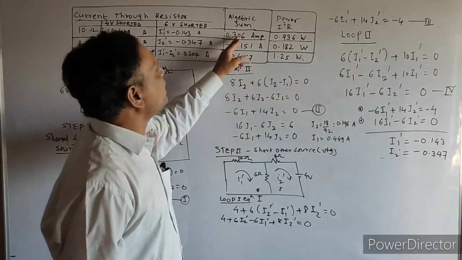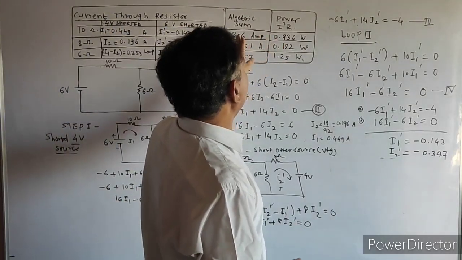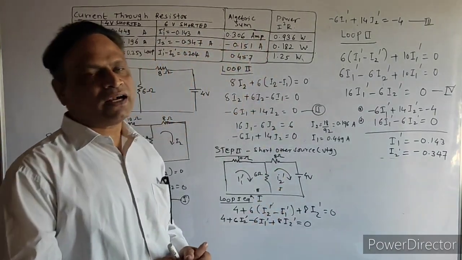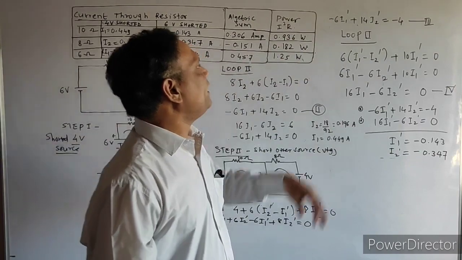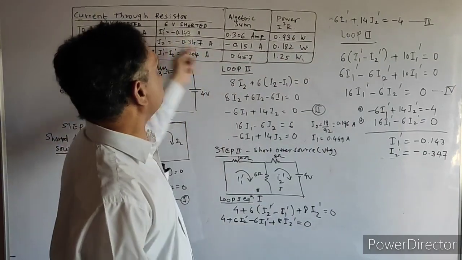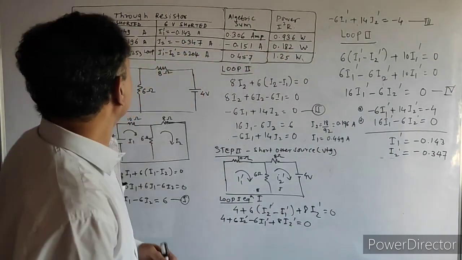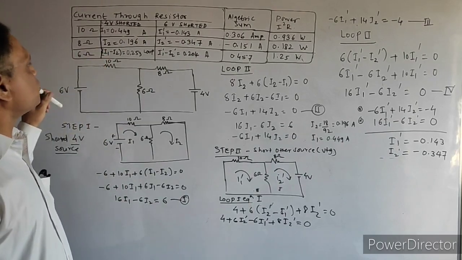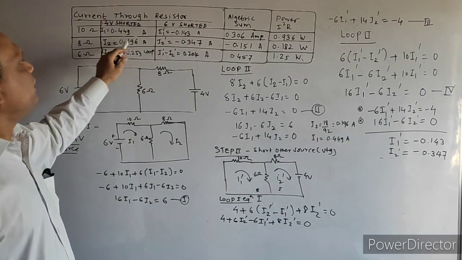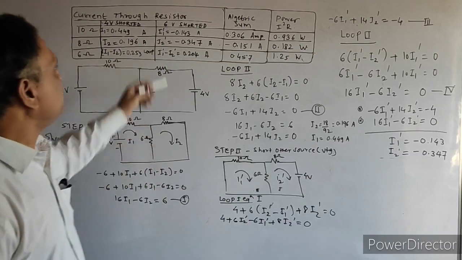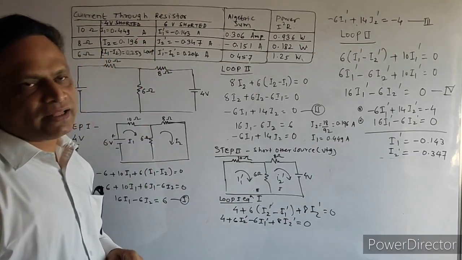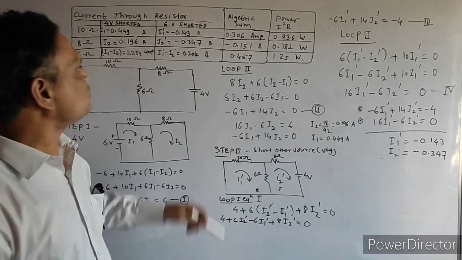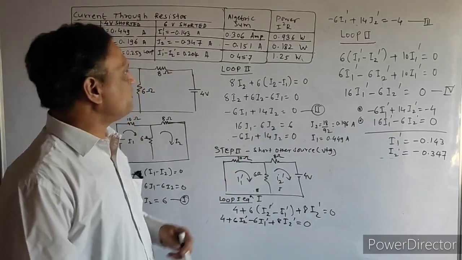If we multiply resistance with the current squared, we will get the power, and the power across this 10 ohm resistor is 0.936. Now the same thing for the 8 ohm resistor. When the 4 volt source was shorted, its current was 0.196, and when the 6 volt source was shorted, at that condition its current was minus 0.347.